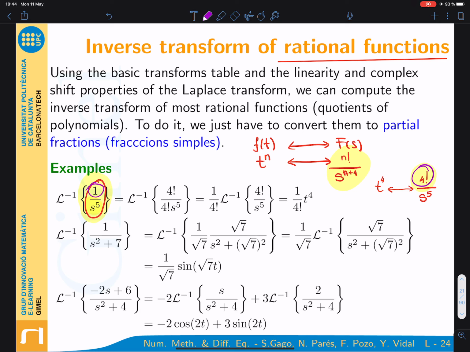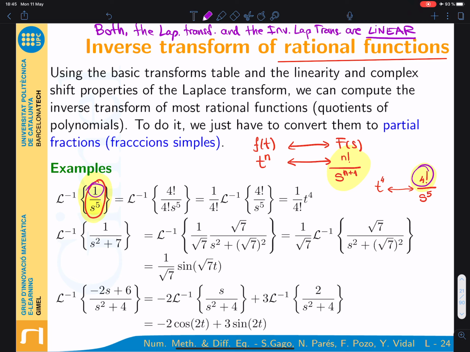So both the Laplace transform and the inverse Laplace transform are linear.